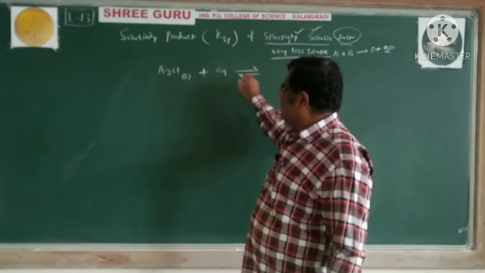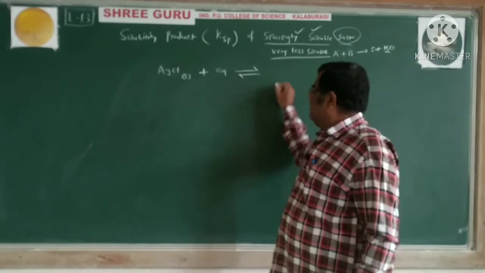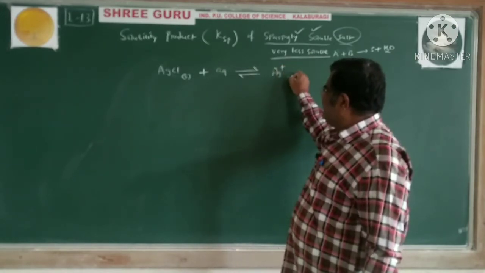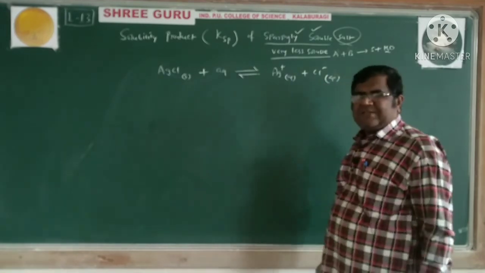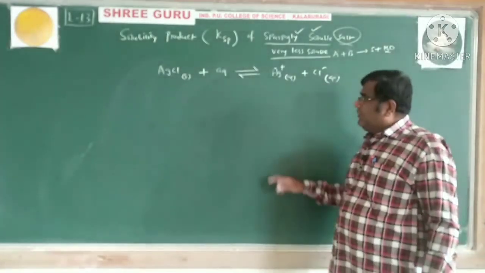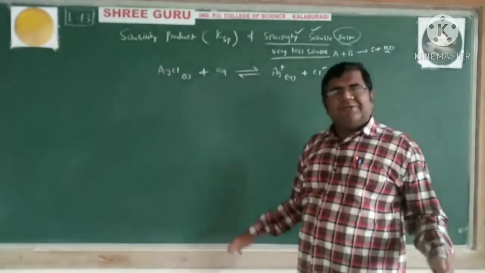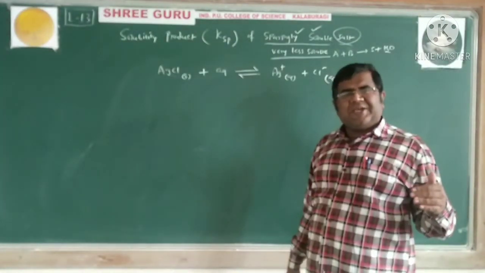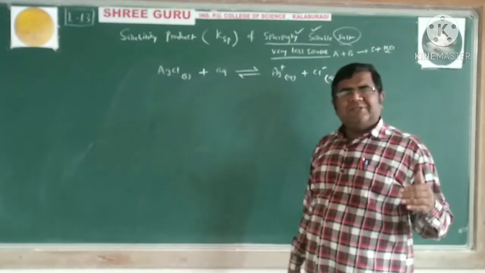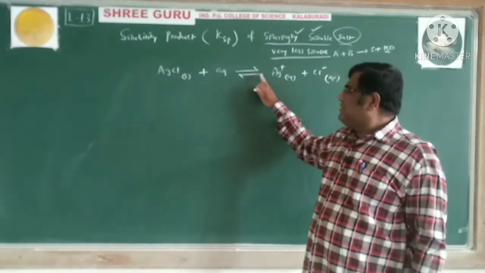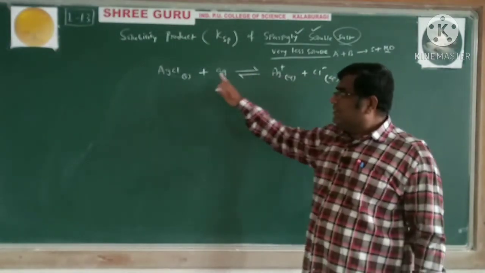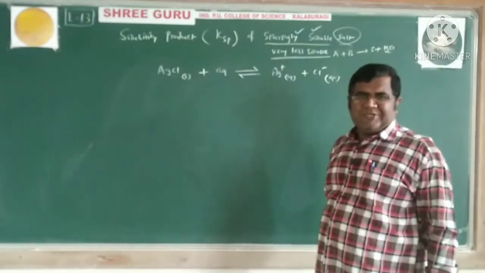Put into water, aq means water, and we get Ag plus ion and Cl minus ion. The rate of forward and rate of reverse reaction becomes equal. Equilibrium is established. At equilibrium, what is present? Ions and undissociated silver chloride.